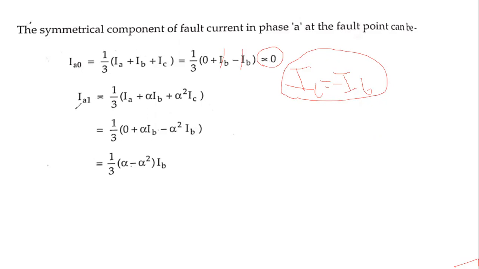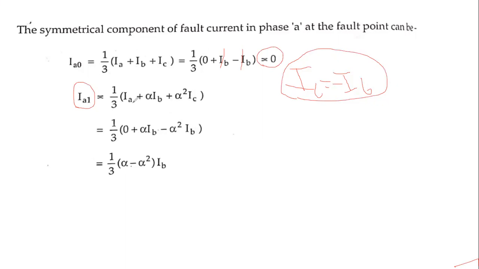Similarly we calculate the positive sequence current at A phase. That is equal to 1 by 3 into IA plus alpha IB plus alpha square into IC.